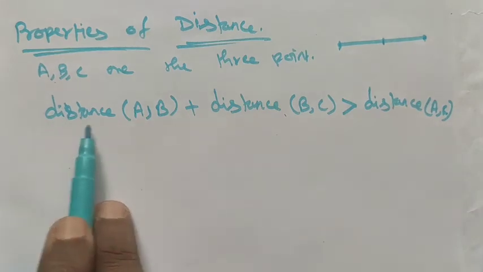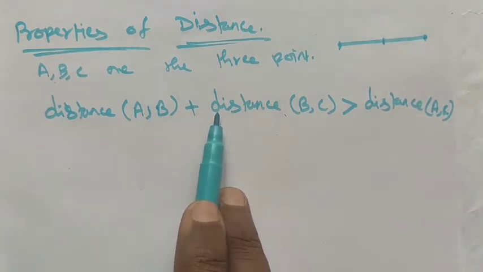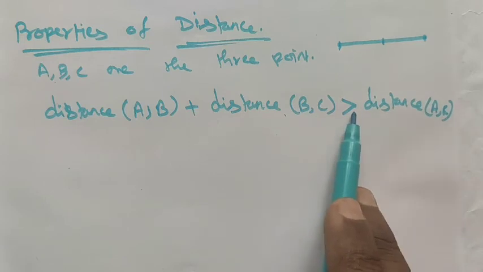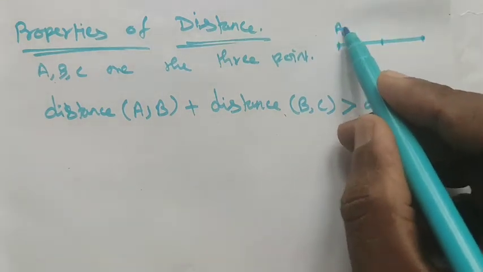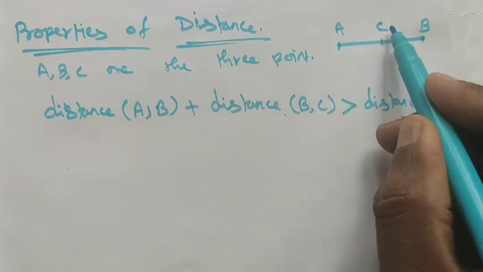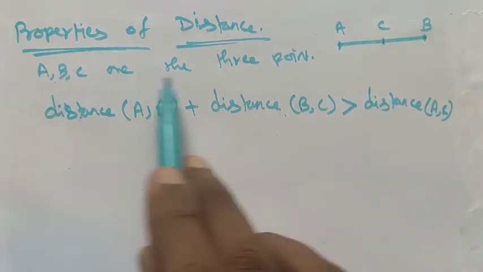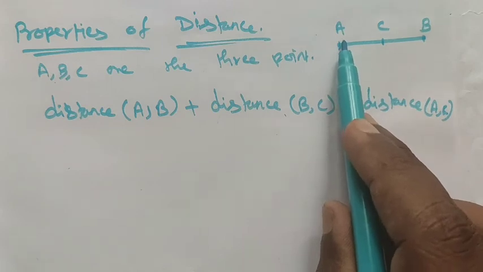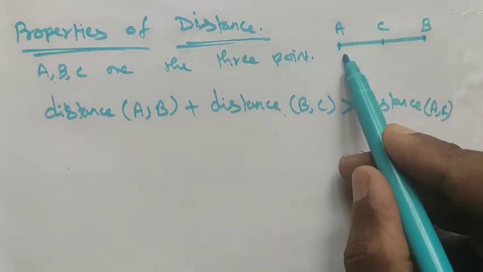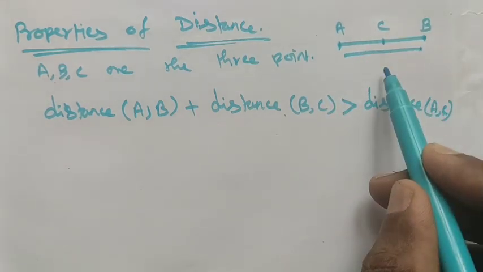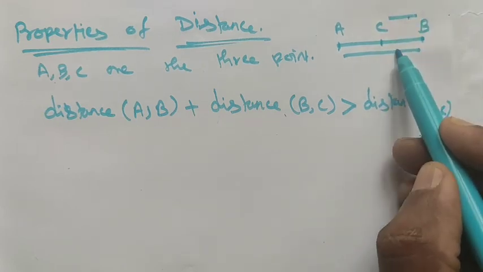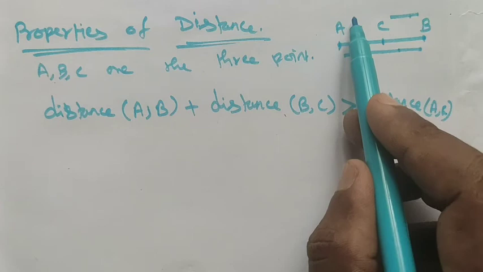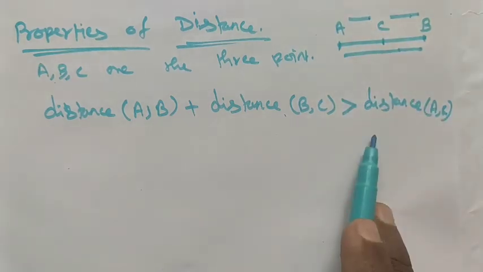But here the distance of AB plus distance of BC is greater than the distance of AC, which means the position of A, B, C differs, not in the same order A, B, C. See, the position has the difference. The sum of these two distances is greater than the distance of AC. That is the condition.